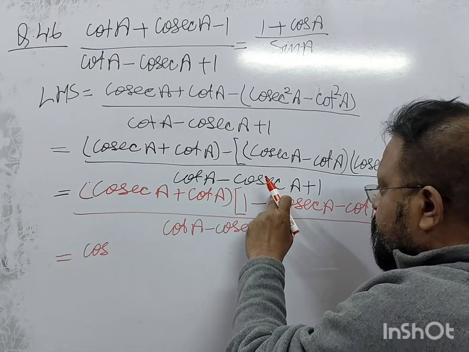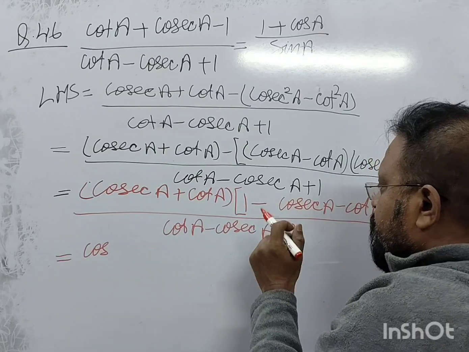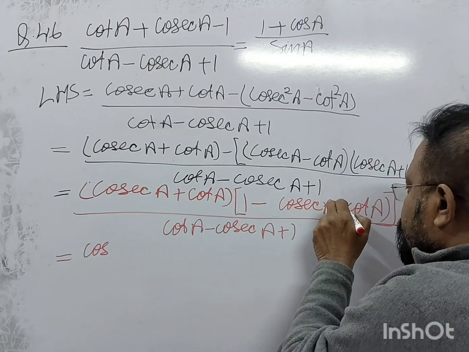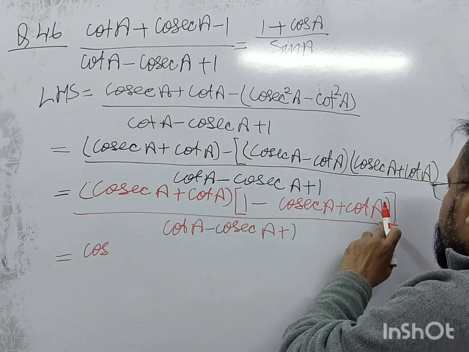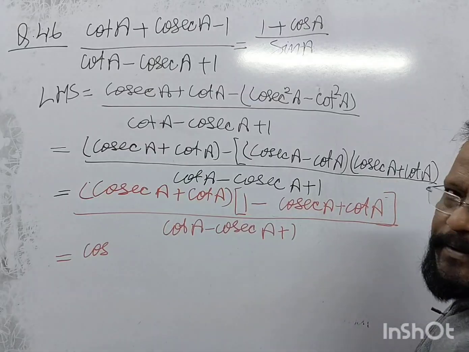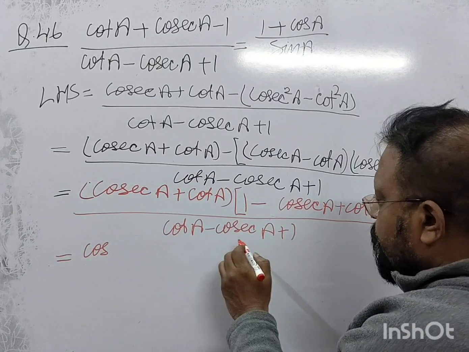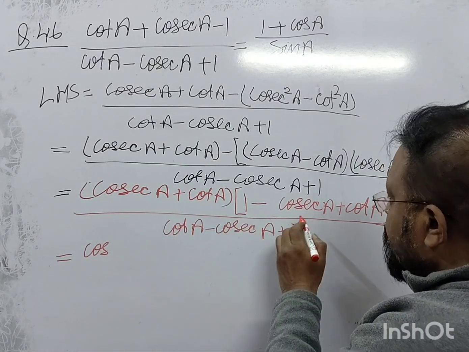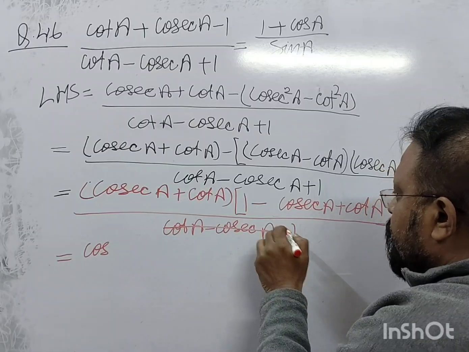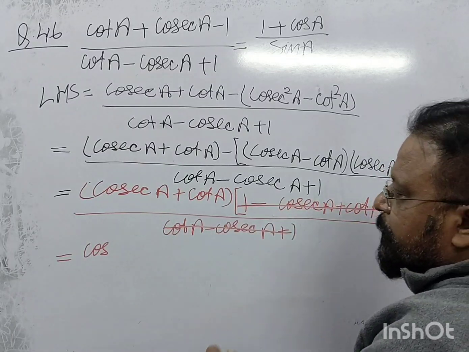Now when you solve it again, if you remove this bracket sign, this will be minus and this will be plus, right? So this is 1 minus cosec A plus cot A, they are cancelled out, right?